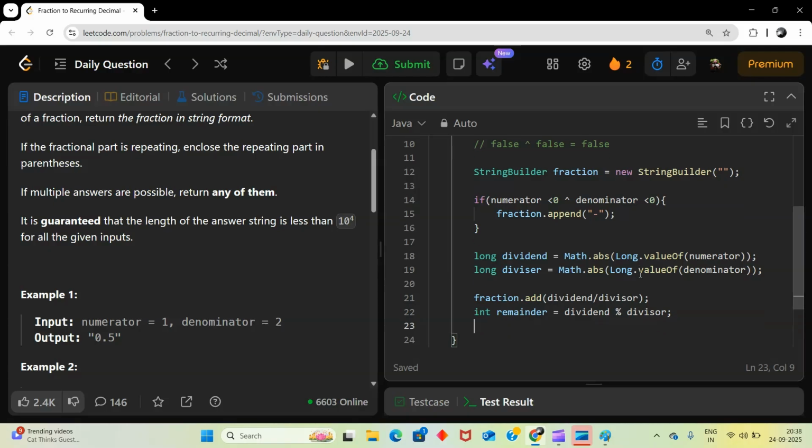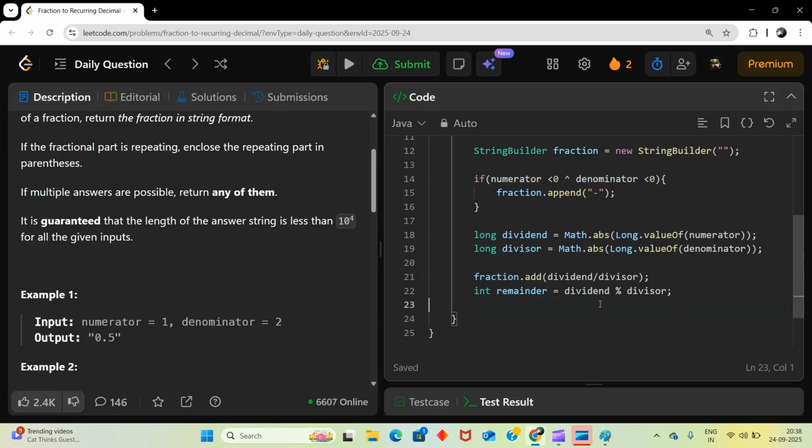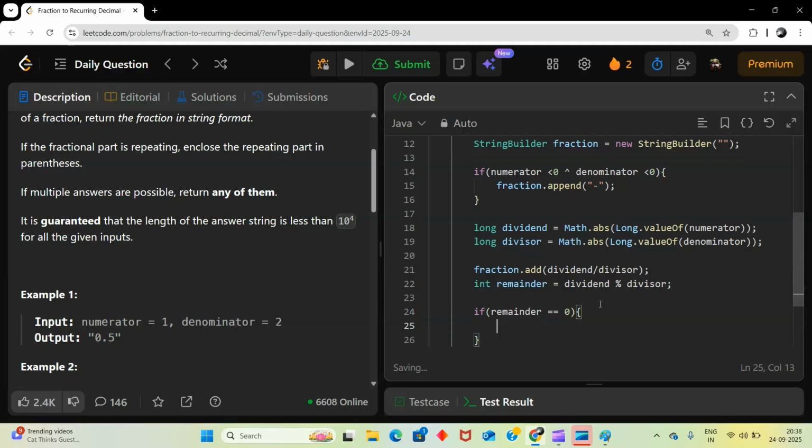If my remainder is equal to 0, that means it is fully divisible, and we are done. Return fraction.toString. Let's say I have 20 and 2, so I'll get the answer 10. Let's say I have 30 and 3, then I'll get the answer, so I don't need a point and all.